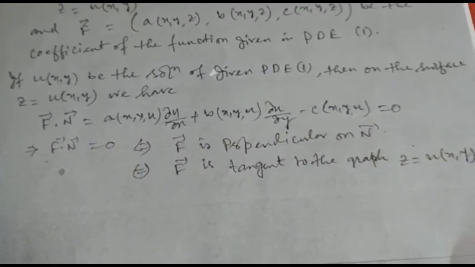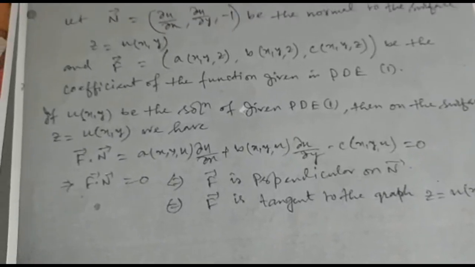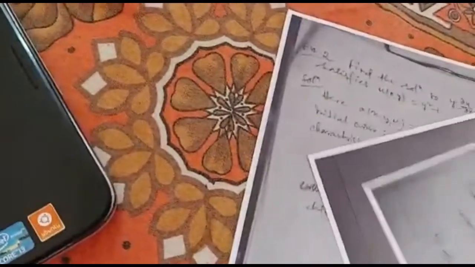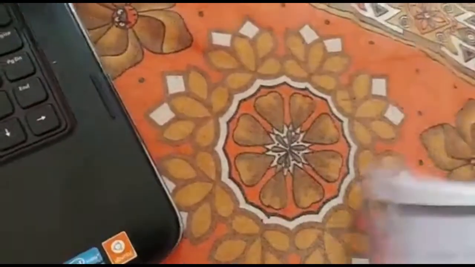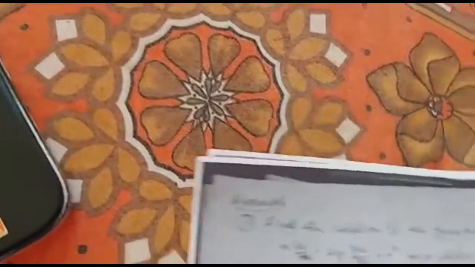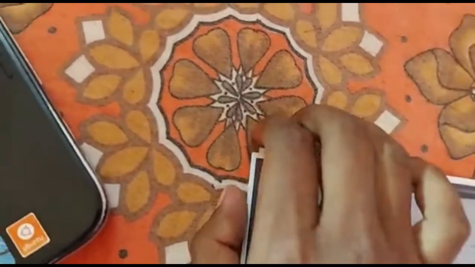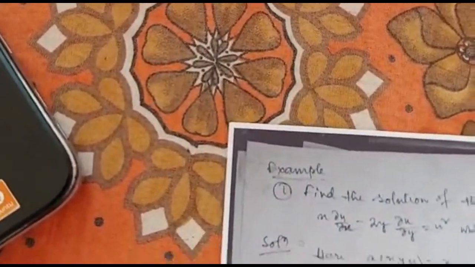So now we see an example of how we convert a given PDE to a system of ODEs and how we get the solution.